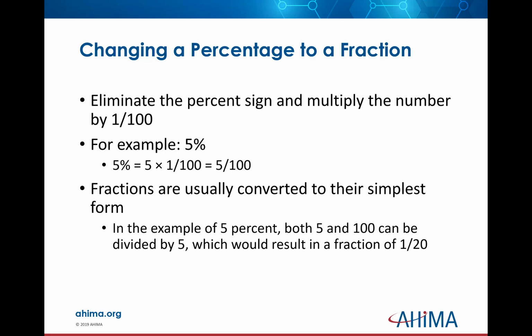And again, just as your math teacher a long time ago said, fractions are always converted to their simplest form. So in the example of 5%, both 5 and 100 can be divided by 5, which leaves us with 1 out of every 20, or 1 divided by 20. Still comes out to 5%.